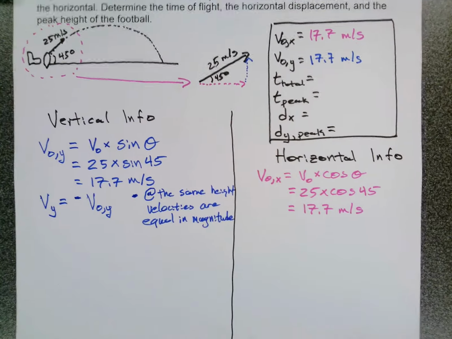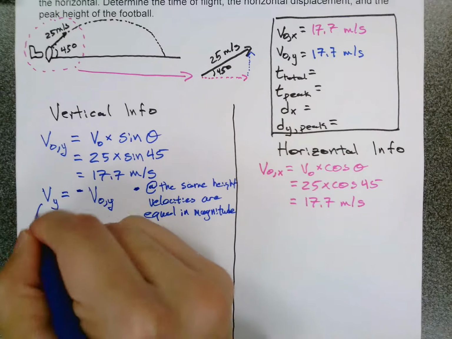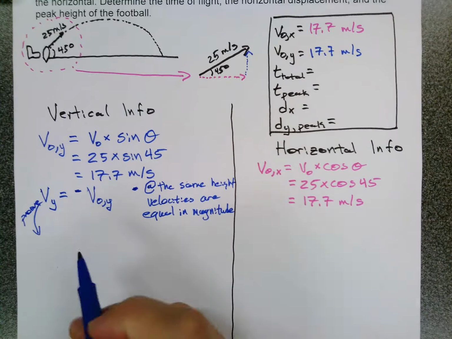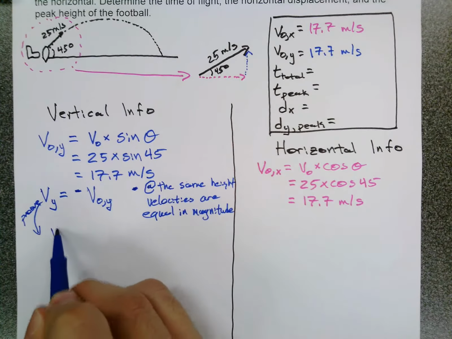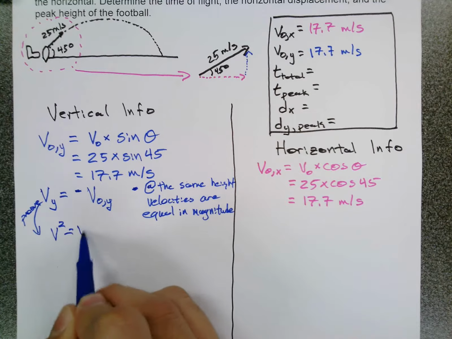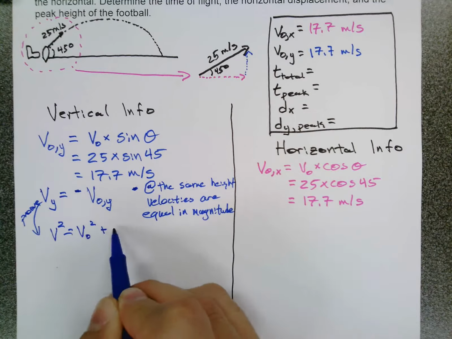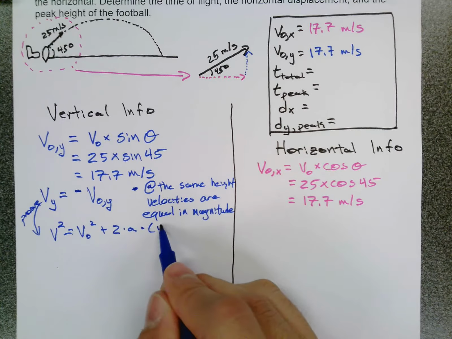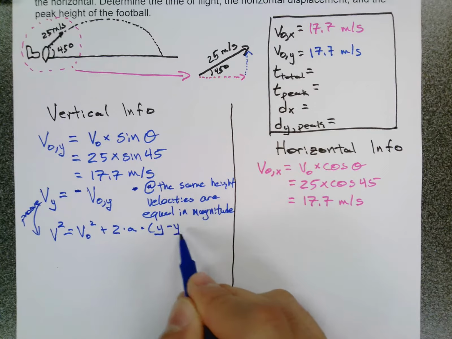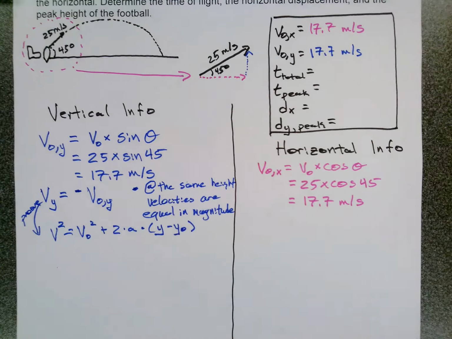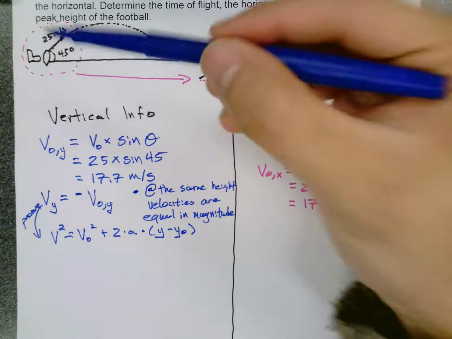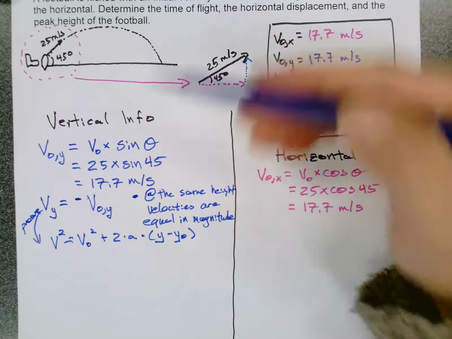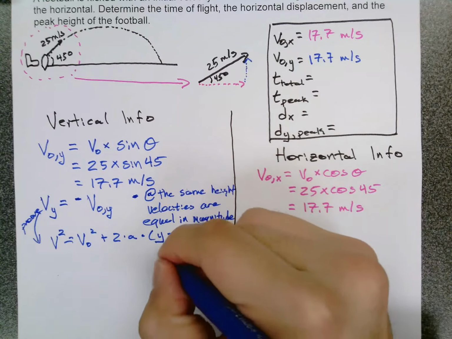In addition, we can prove this, so I'm going to go ahead and prove this by using one of our equations. One of our equations states that our final velocity squared is equal to our initial velocity squared plus 2 times the acceleration times the change in distance, which is y minus y0. If we're talking about the point where the football is kicked off and where it lands, that change in height is 0.